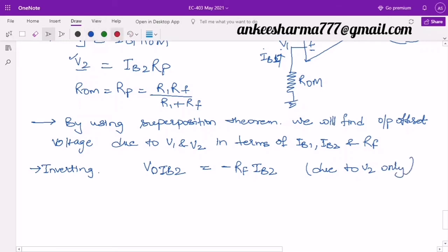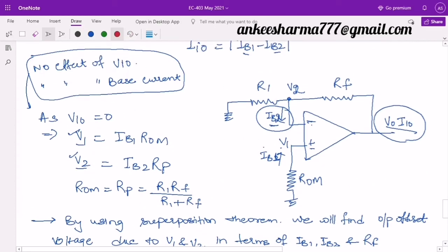Now next, if I take the non-inverting terminal input, I guess you all know how to apply superposition. We take only one input and assume the other to be equal to 0. So in the second case, when I consider the non-inverting one, I will take only this input V1 and assume the input V2 is equal to 0. So there will be no effect of this voltage now, only the V1 effect will be there.